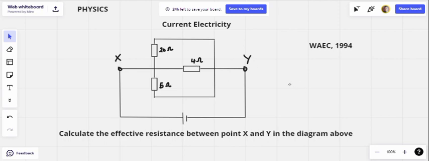So what this means is, if you are to redraw that in a way that is more suitable for understanding, what you actually have here is this.